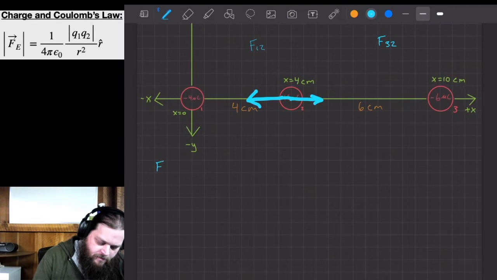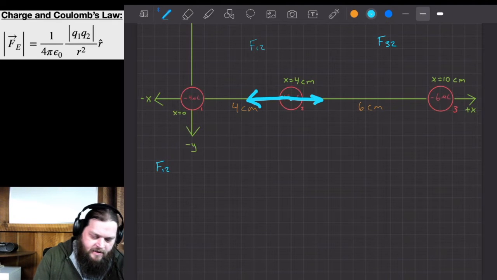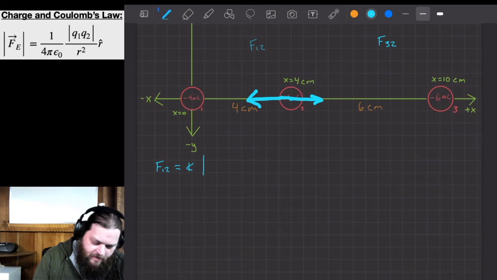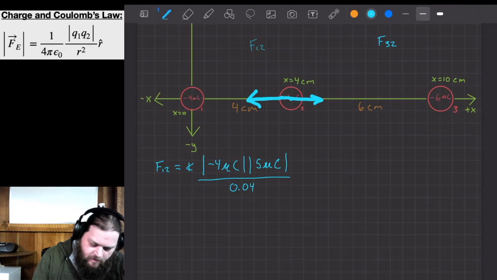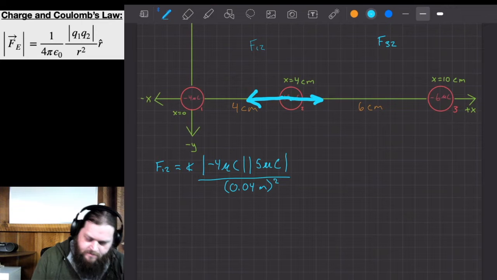So the force of 1 on 2, in this case, is going to equal K times the absolute value of -4 microcoulombs times the absolute value of 5 microcoulombs, divided by 0.04 meters squared.